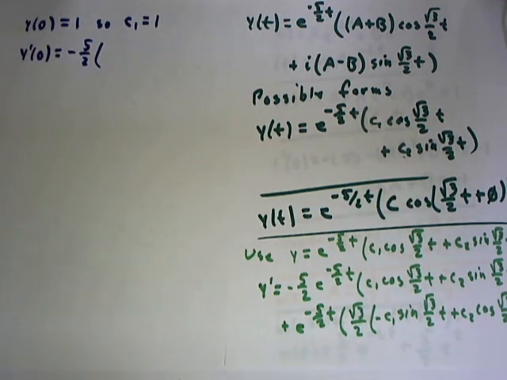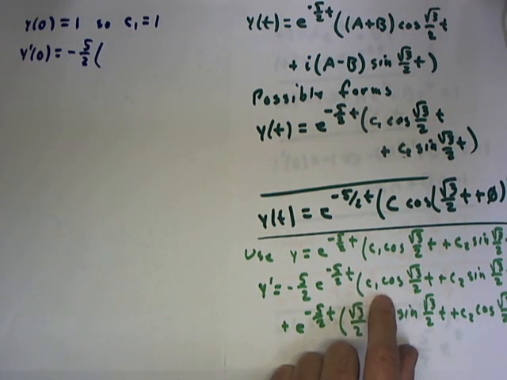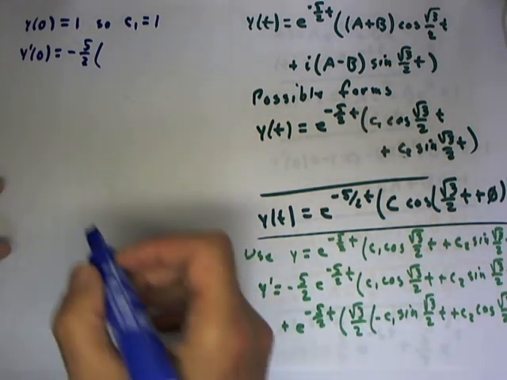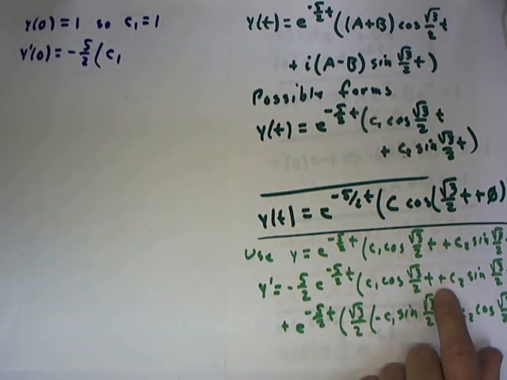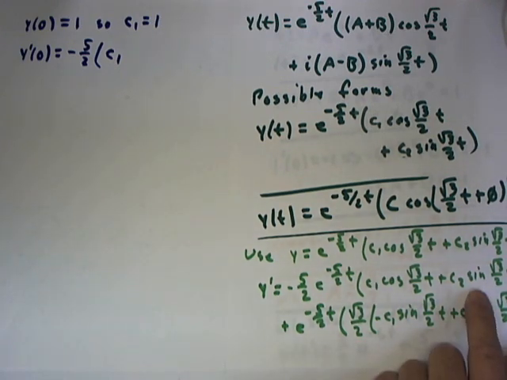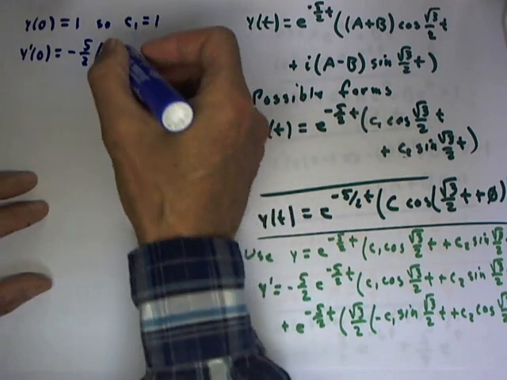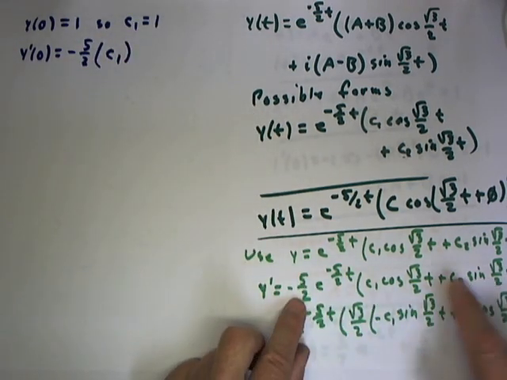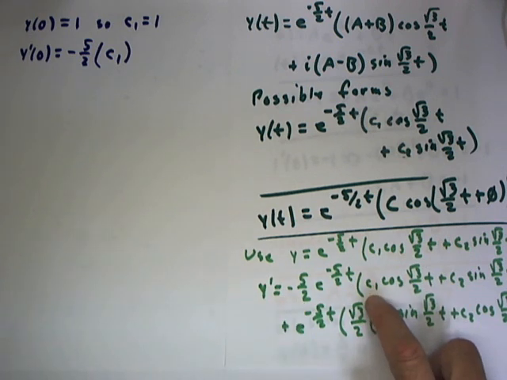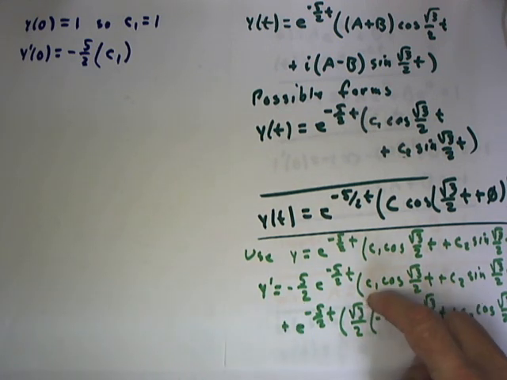That's going to be multiplied by C1 times the cosine of 0, which is just C1, plus C2 times the sine of 0, which is just 0. So the first term in y prime gives us negative 5/2 C1.